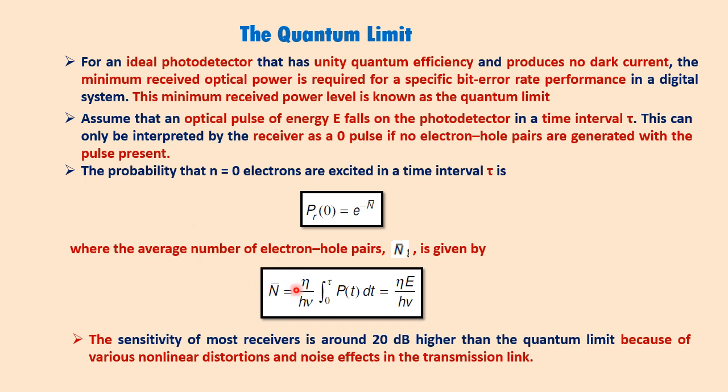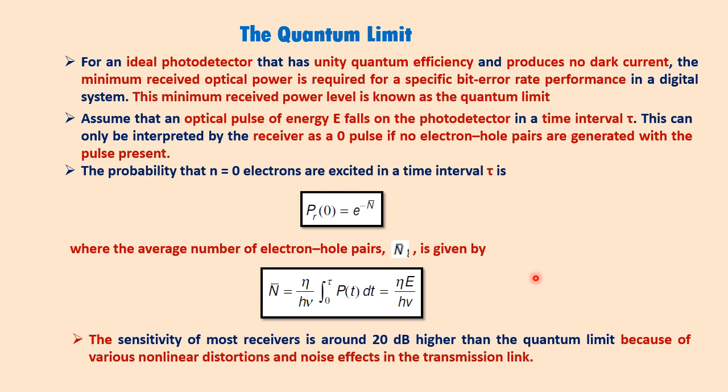Assume that an optical pulse of energy E falls on the photodetector at one particular time interval. This can be interpreted by the receiver as a zero pulse if no electron hole pairs are generated with the pulse present.